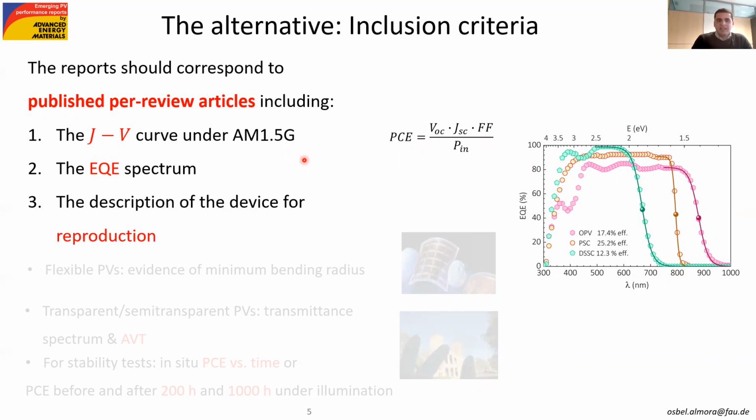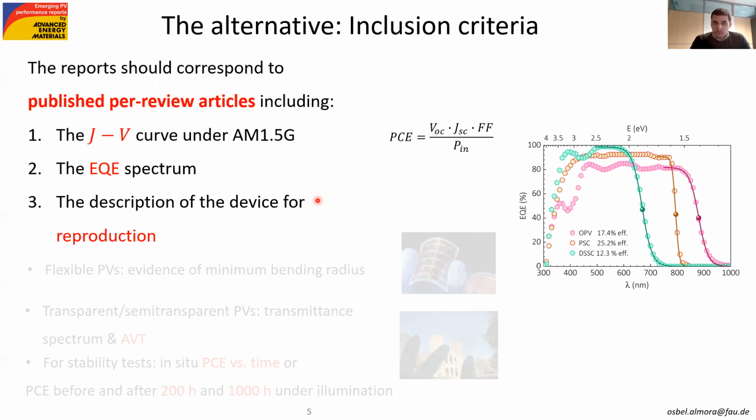As a third element, we ask the authors to include in the paper a proper description of the device or the complete design that we are going to be reporting, so we guarantee the reproduction of these results.